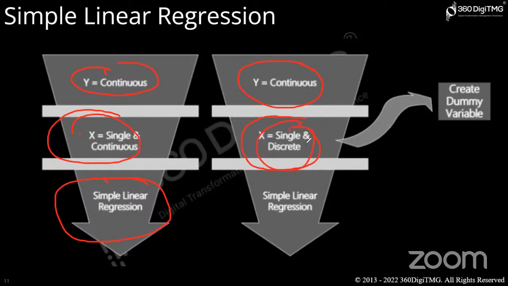It should be single when it comes to simple linear regression. If it is single and not continuous, we have to convert the discrete into dummy variable creation. You might have an idea about dummy variables: whatever categorical or discrete value we have, we convert into dummy variables. And then we'll do the simple linear regression.